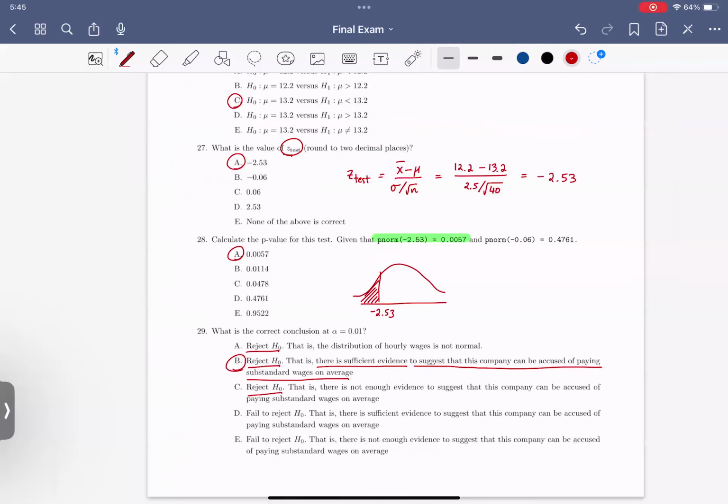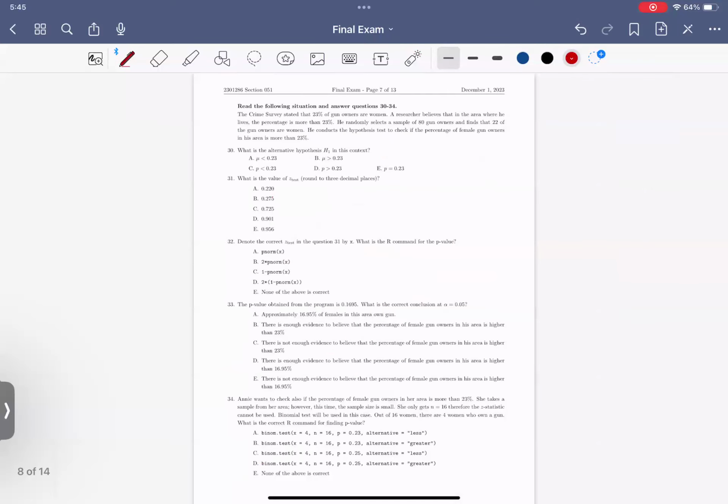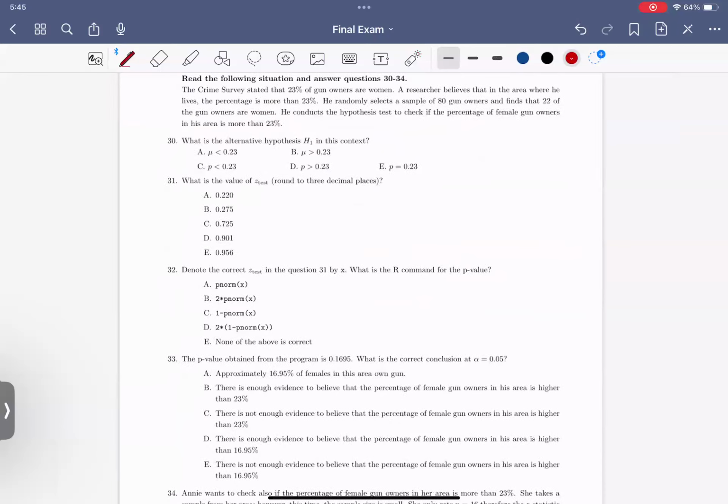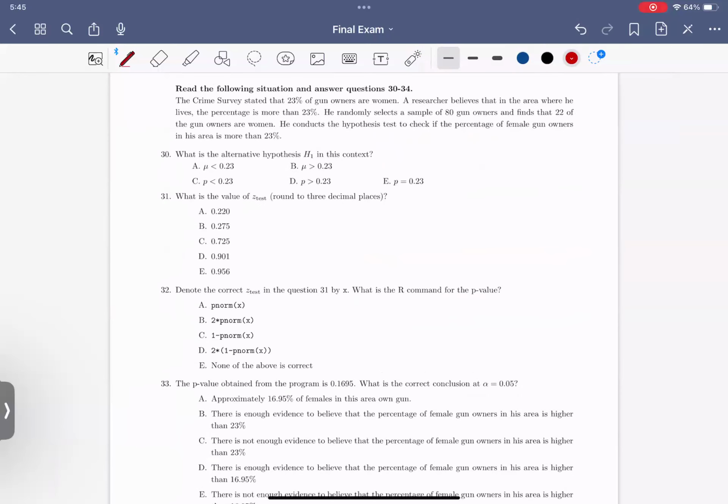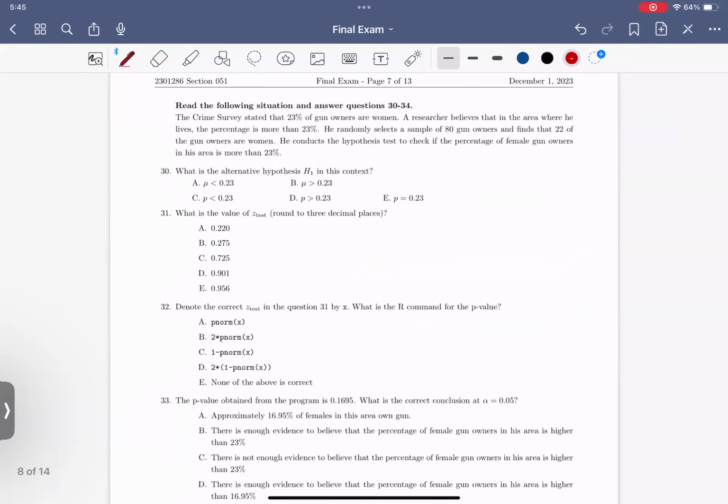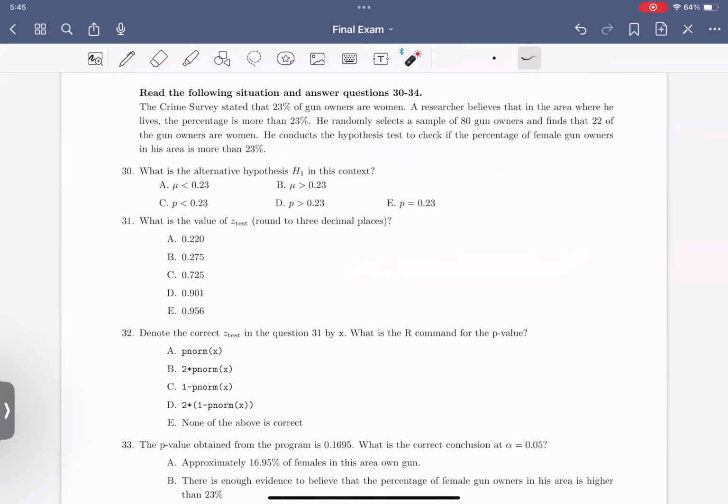All right, next one, question 30. We have here that the crime survey states that 23% of gun owners are women. A researcher believed that in the area where he lived, the percentage is more than 23, because maybe he sees so many women gun owners.